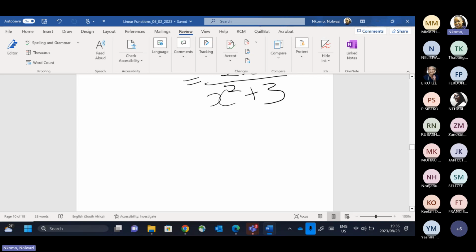Suppose you are given a function y is equal to f of u. You take this u as the inner function and this as the outer function.